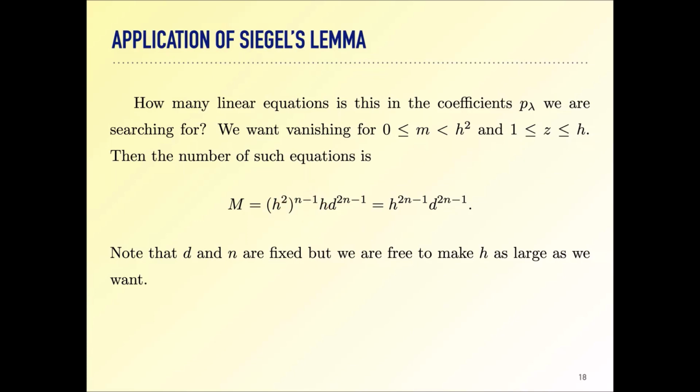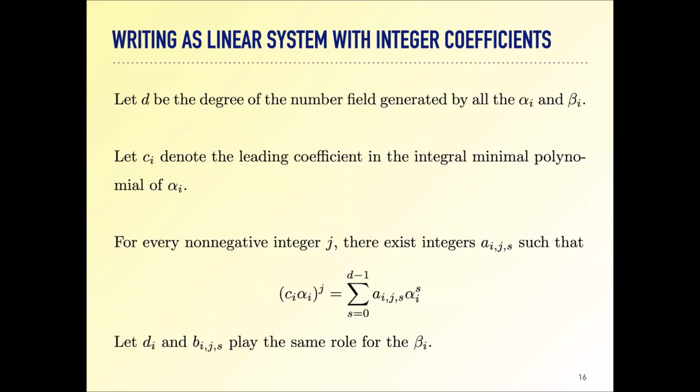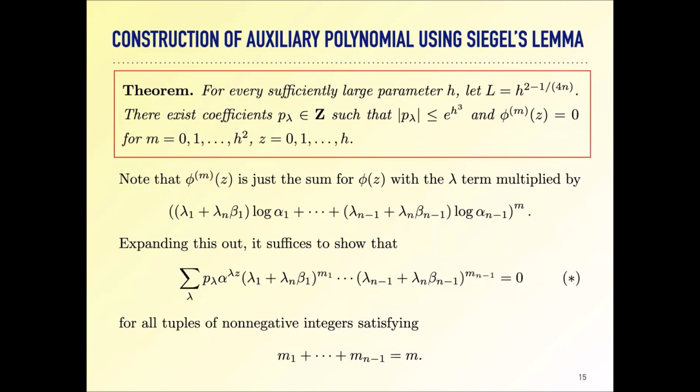I just want to point this out. Of all the things to gloss over, this is maybe one thing to actually concentrate on. This n minus 1 is very important. It arises from the fact that we have n minus 1 m's. And what were the m's? Let's go back. The m's came from expanding this out.